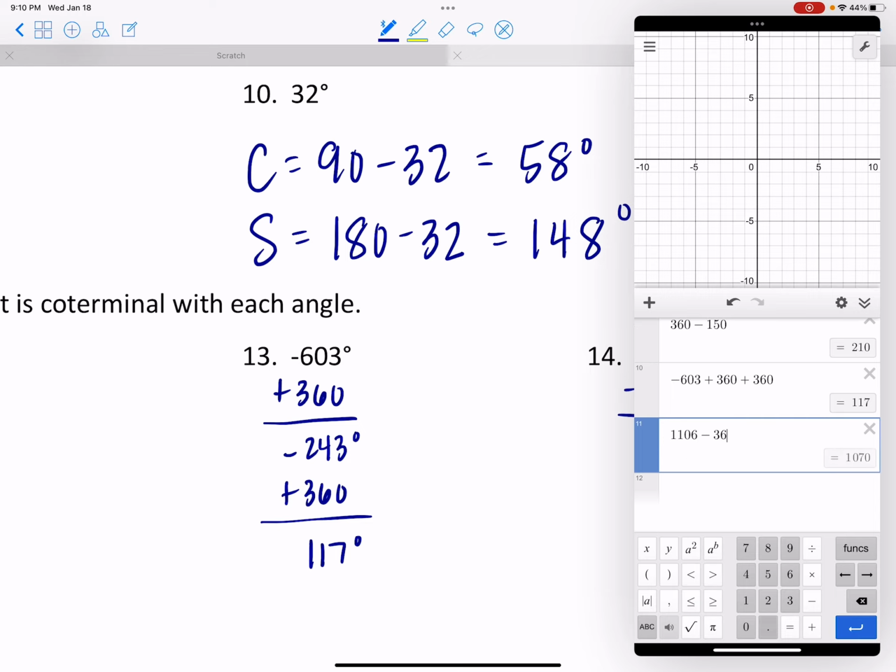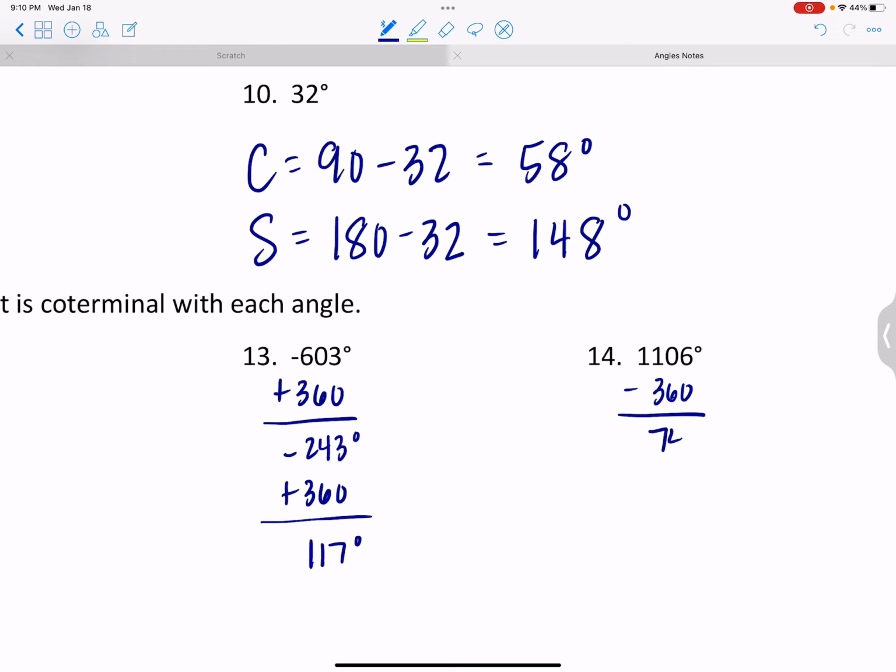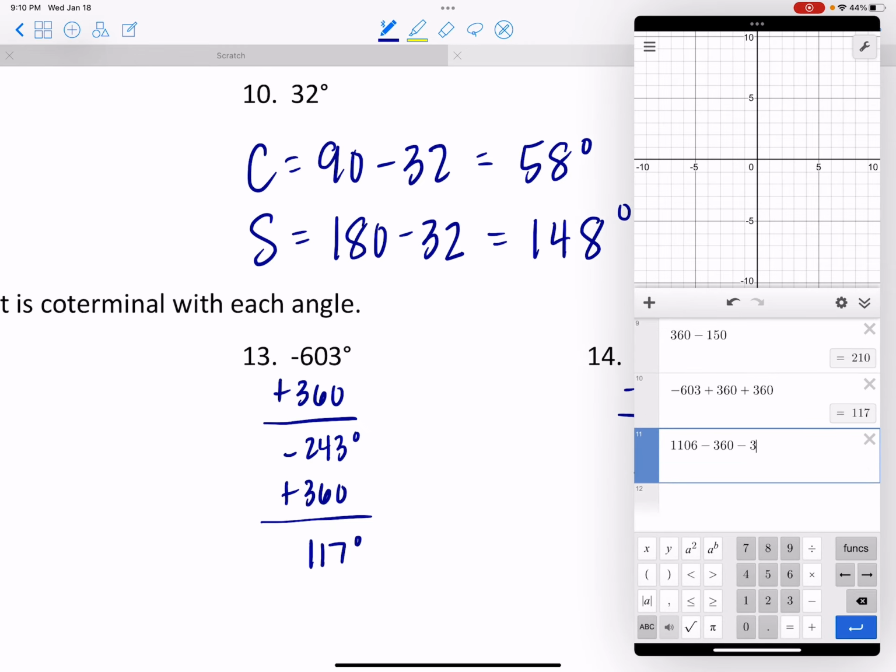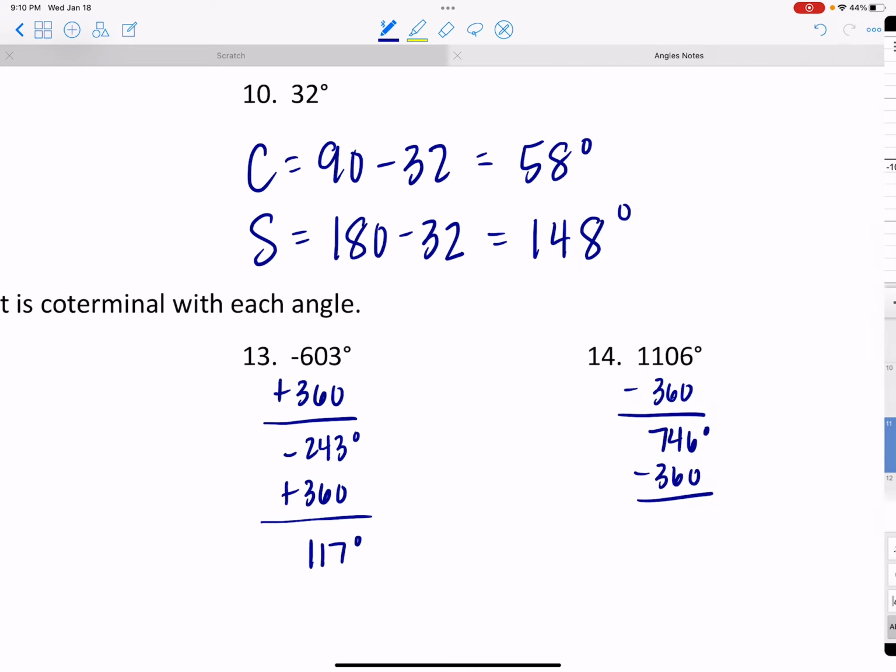Let's minus 360, and that takes us to 746. So that would be coterminal, but I can go smaller. So let me take out another rotation. That's going to be minus 360 is going to be 386. Again, that's going to be coterminal, but we can still go smaller. So let's subtract 360 again.